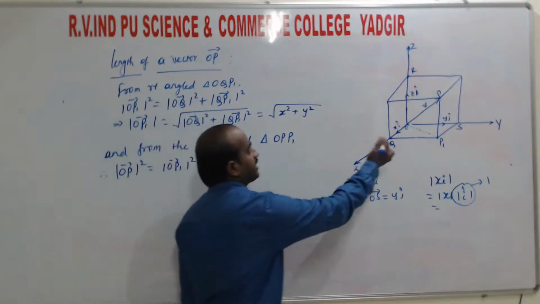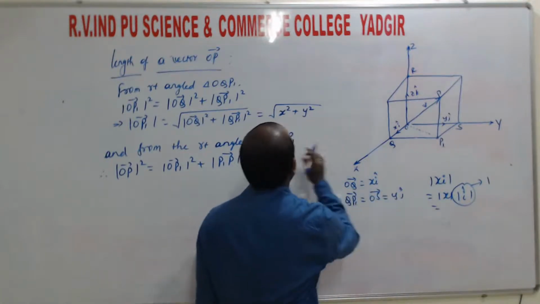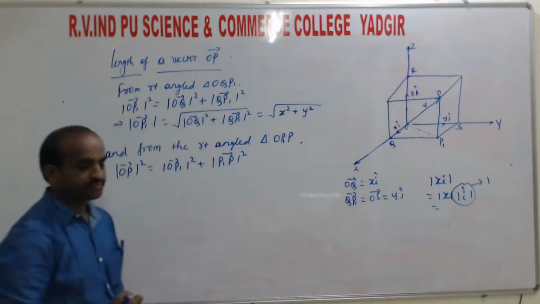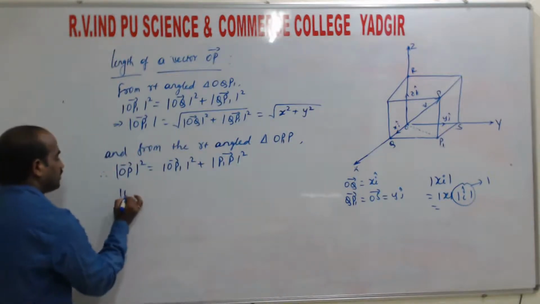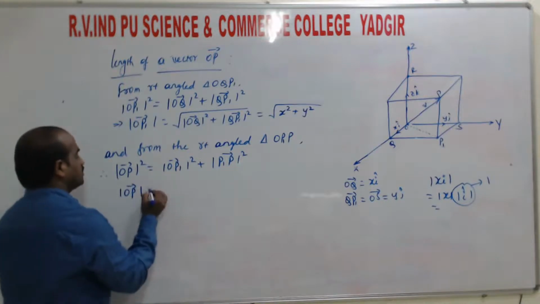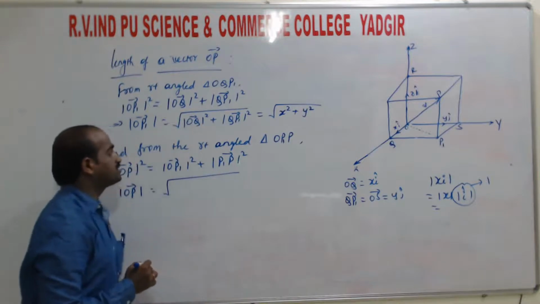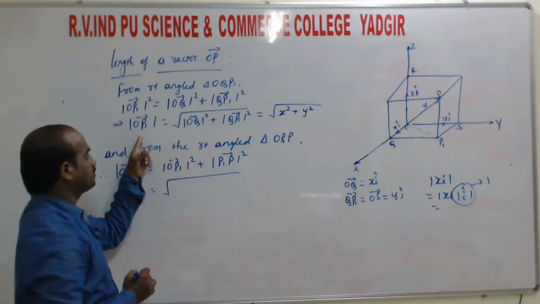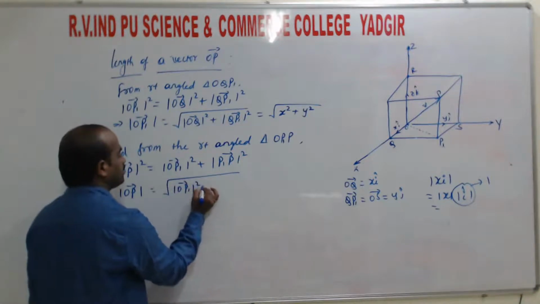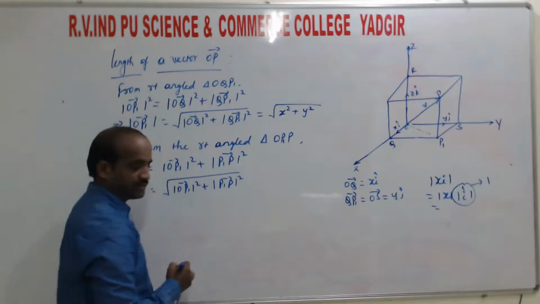Consider the right angle triangle OP1P. Now we want only magnitude of OP vector, which is equal to root of OP1 square, already found out, plus P1P whole square.